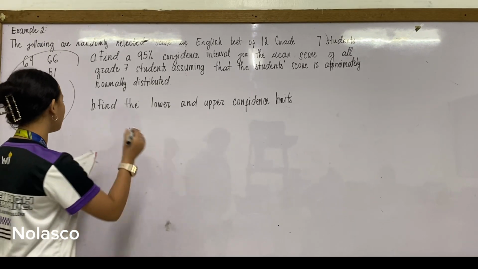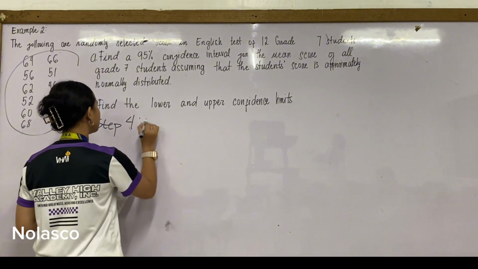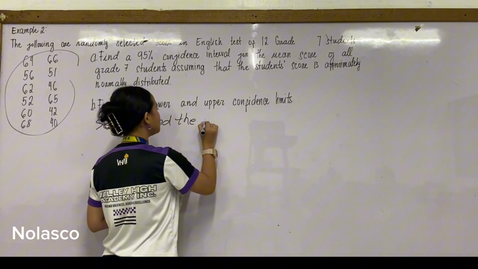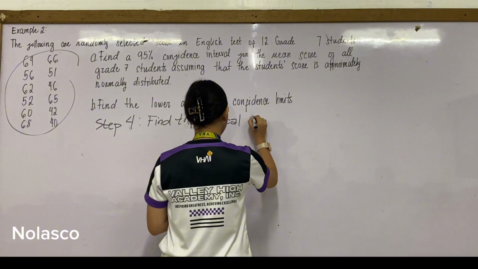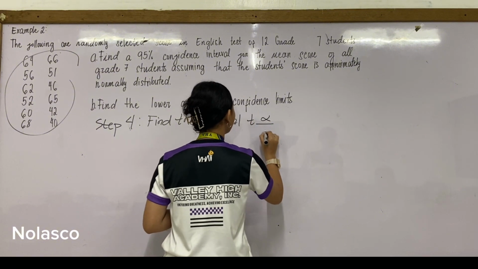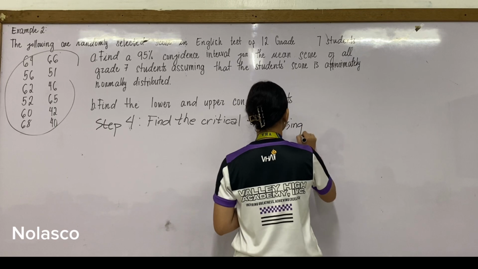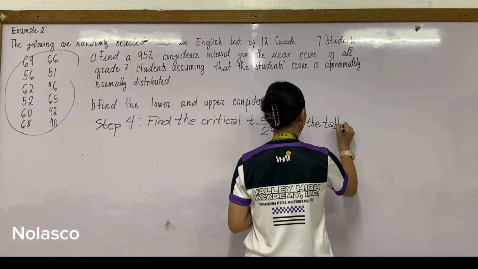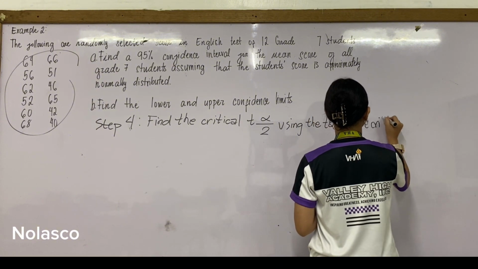Step 4 is we need to find the T sub alpha over 2 using the table of T physical.